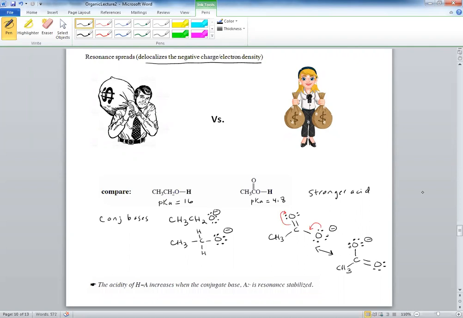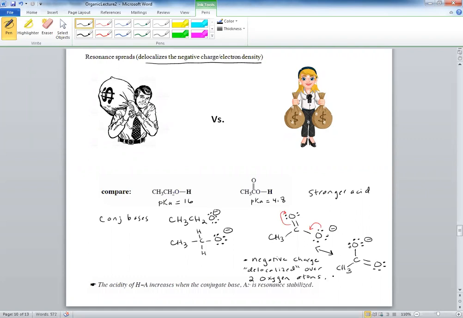So here we say that the negative charge is delocalized, or spread out, over two oxygen atoms.